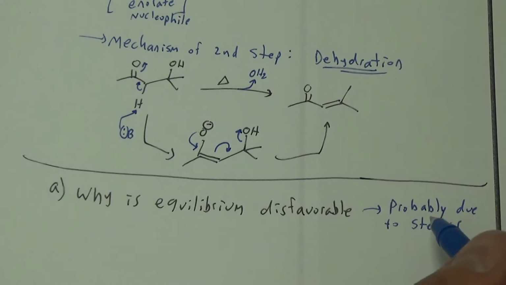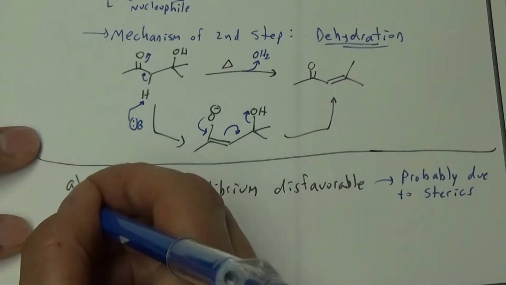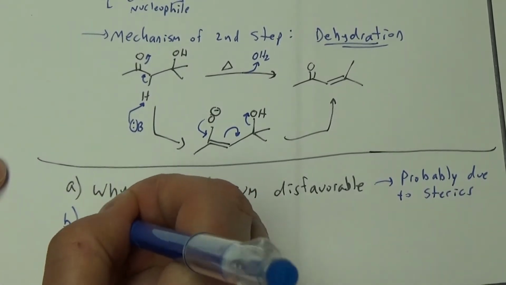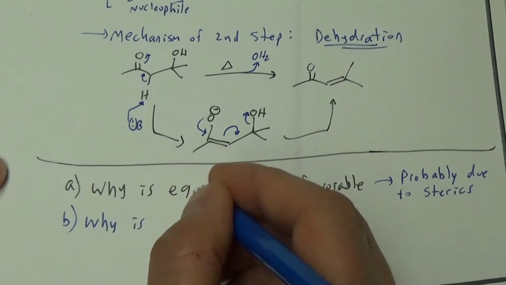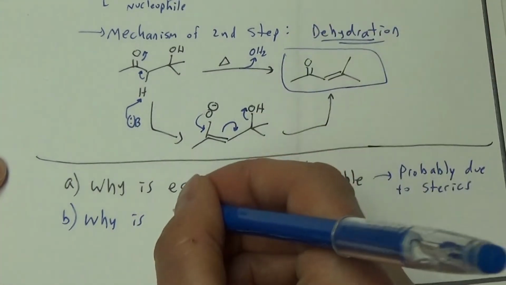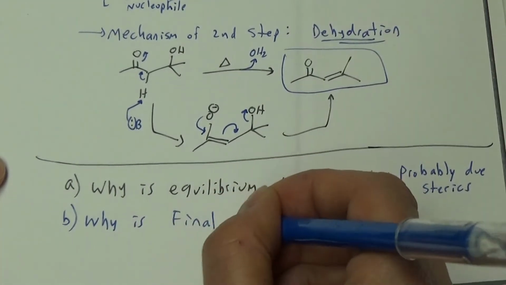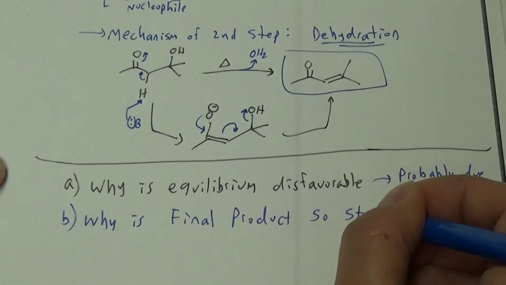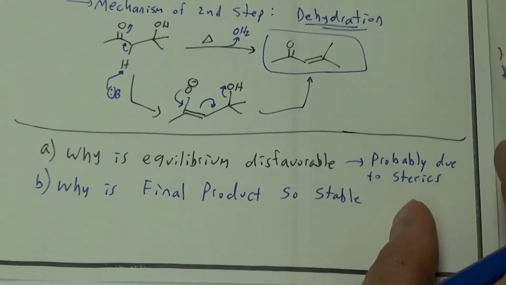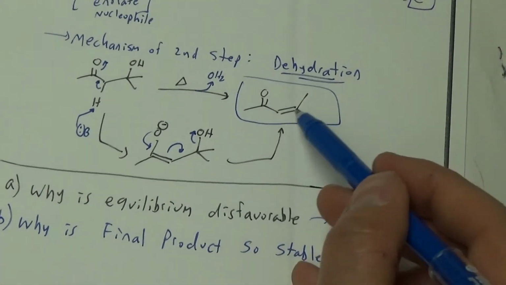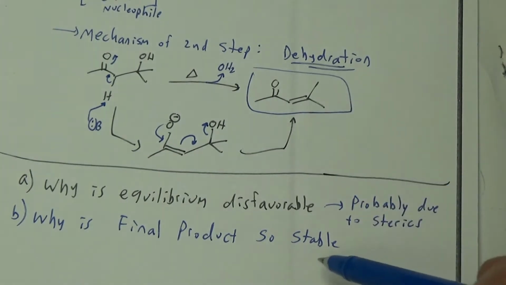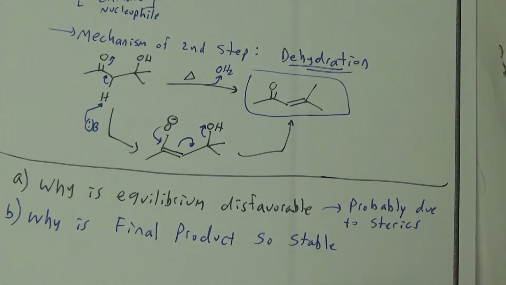And the other thing is, why is the final product so stable? And this shows the very final product, right? The alpha, beta, unsaturated ketone. Why is it so stable?